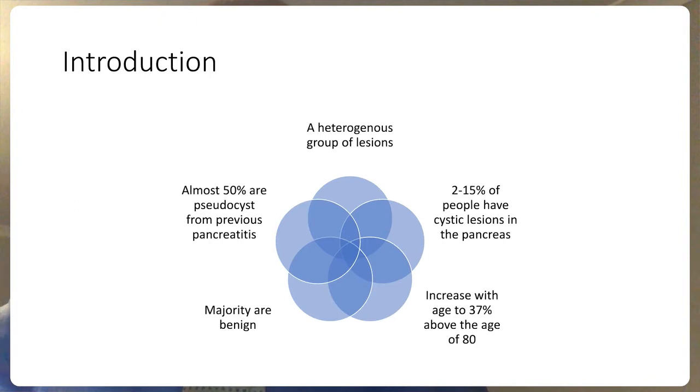They can happen at any age, but the incidence of cystic lesions of the pancreas rises with age, to the extent that if you image people above the age of 80, almost 37% of them will have cystic lesions of the pancreas, and the majority of those will be what we call a side branch IPMN, which is totally benign, but some of them might need to be followed up, as we will see.